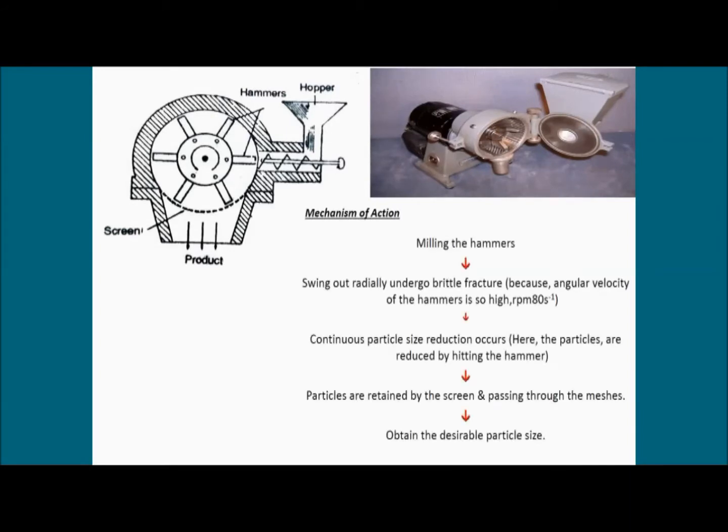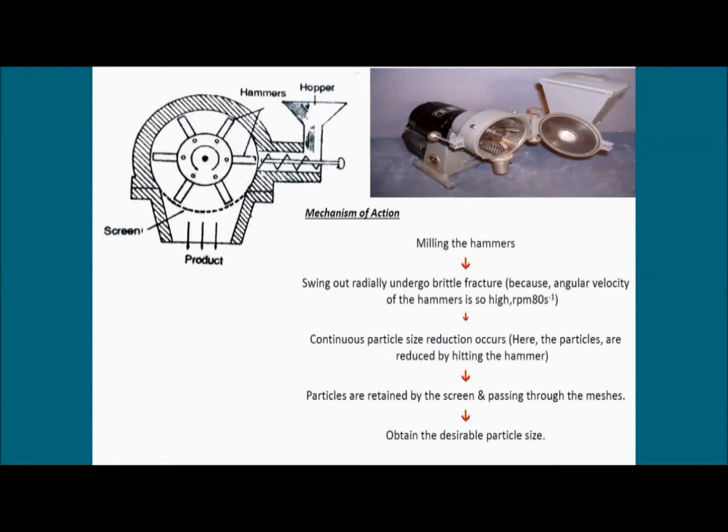Now the mechanism of action. Basically in milling, the first action is that the hammers swing out radially and undergo brittle fracture. When these hammers swing out radially, in the form of a radius, the particles may undergo brittle fractures because of the angular velocity of the hammer.